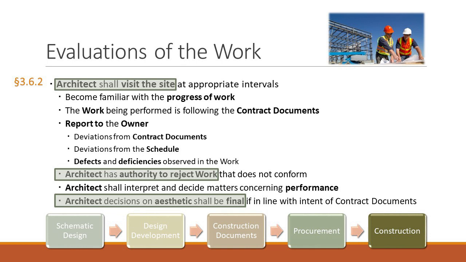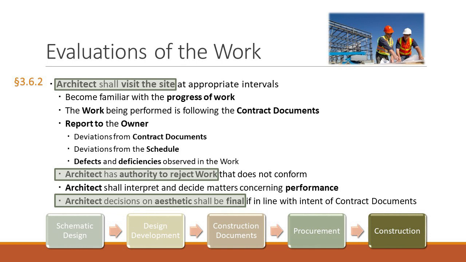On the basis of the site visits, the architect shall keep the owner reasonably informed about the progress and quality of the portion of the work completed, and promptly report to the owner, 1. known deviations from the contract documents, 2. known deviations from the most recent construction schedule submitted by the contractor, and 3. defects and deficiencies observed in the work. The architect does have the authority to reject work that does not conform to the contract documents.